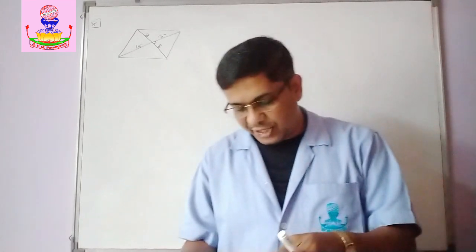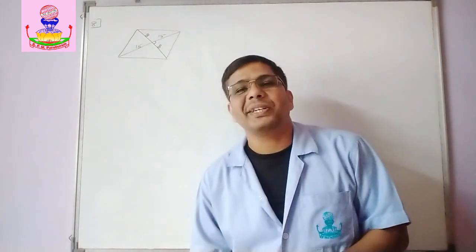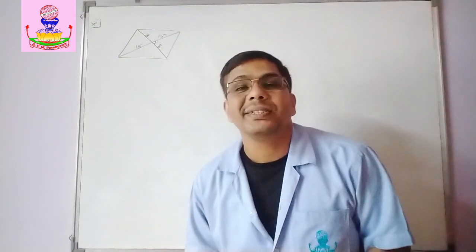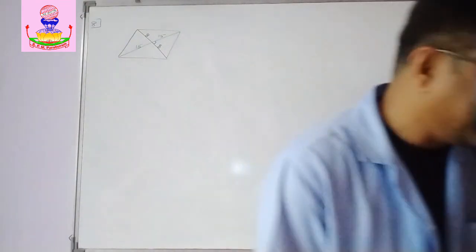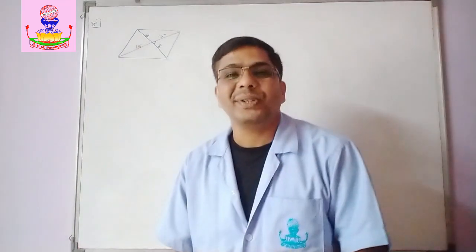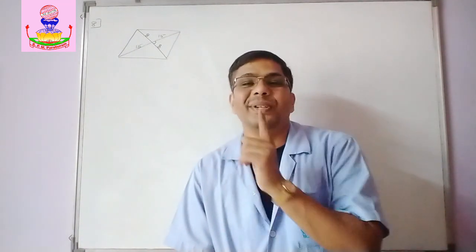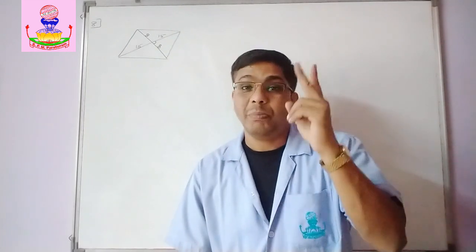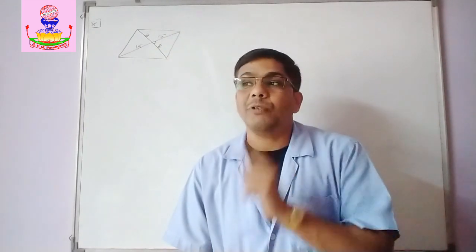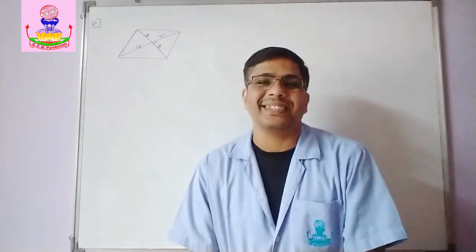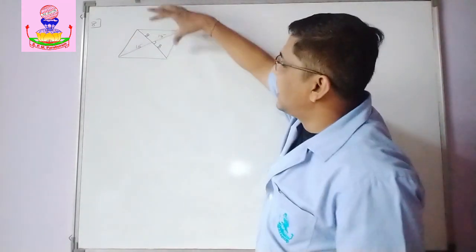Now see 8th one. The diagonals of a rhombus measure 16 centimeter and 30 centimeter. Find its perimeter. You should know first what is rhombus. I hope you have studied this. What is rhombus? A rhombus is a quadrilateral whose all sides are equal. Second property. The diagonals of rhombus, they are perpendicular bisectors of each other.